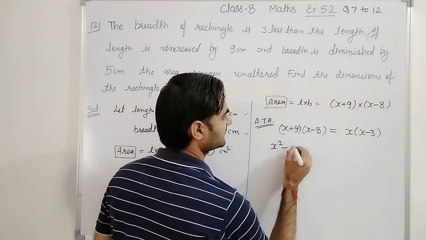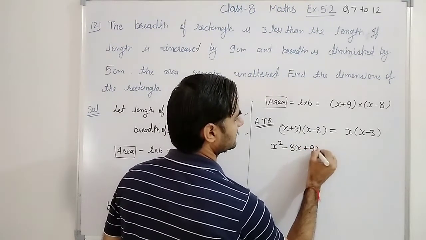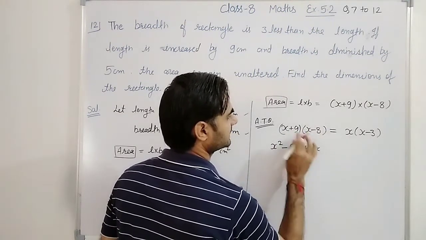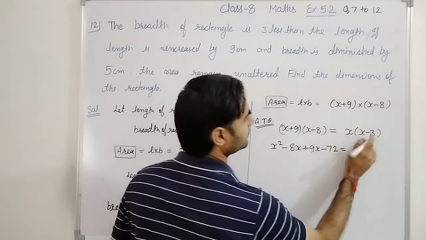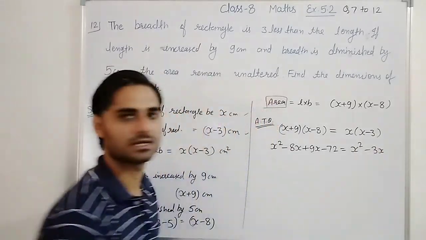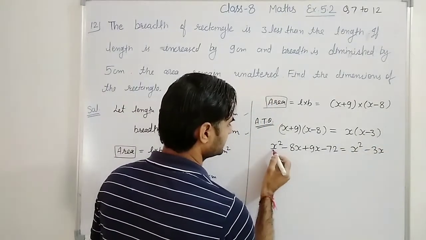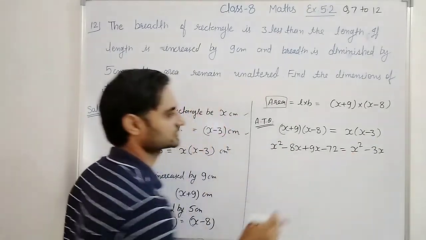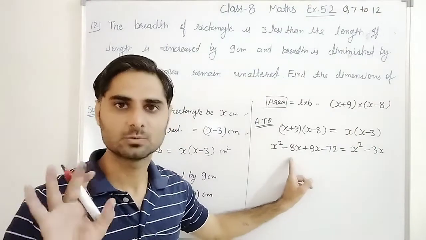Then x multiplied by 8 is equal to minus 8x plus 9x. 9 will be multiplied by this and 9 8s are 72. Will be equal to x multiplied by x square minus 3x. Right? So can we now solve? See this x square, this is x square. When we will take by transposing in this side, the sign will change.